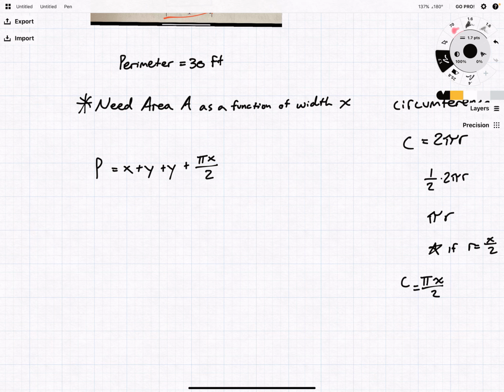And let's see. Let's go ahead and get x plus 2y plus pi x over 2. Okay. And we could technically get the x's together as well, but let's not do that just for now. If we have to, we will, but let's move on to the next part.